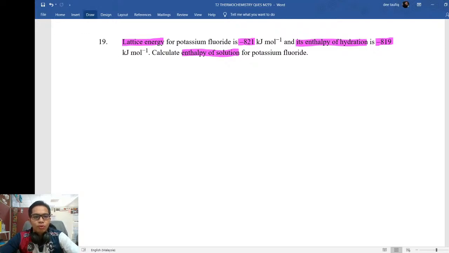So potassium fluoride is KF. So bila negative sign meaning kita akan produce that KF. So dia should be produce KF solid because this is enthalpy of formation. Okay. If you want to put straight away the value here also can.